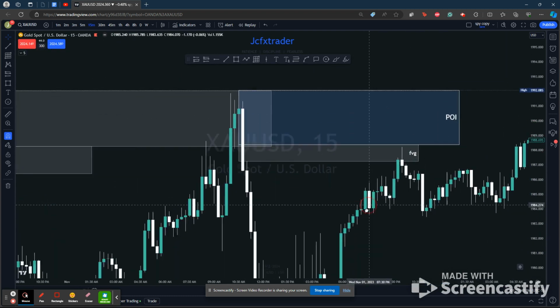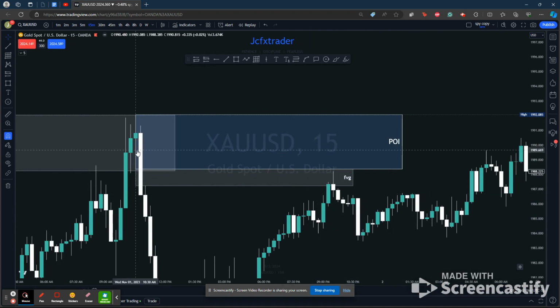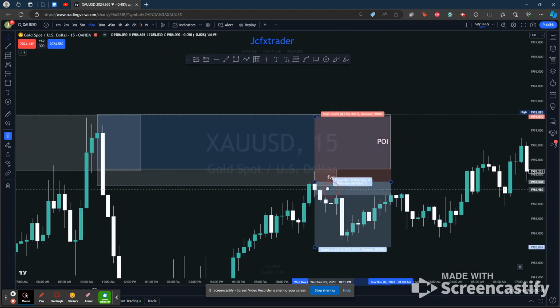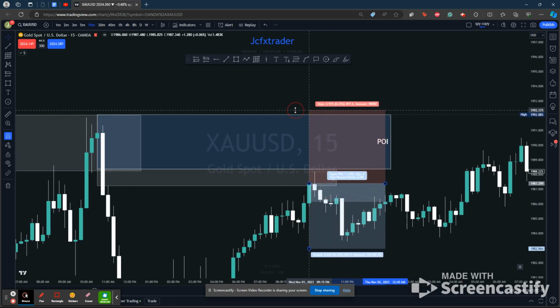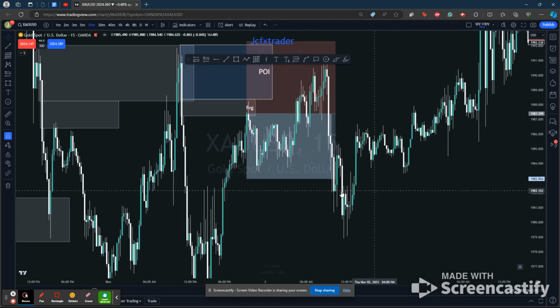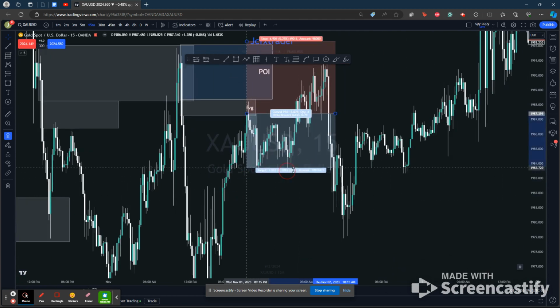Another example is you can target the fair value gap created with the POI. So you could enter off of a fair value gap with the stop above the order block, right? As you can see, you weren't stopped out, and we could target, let's say, these lows here.